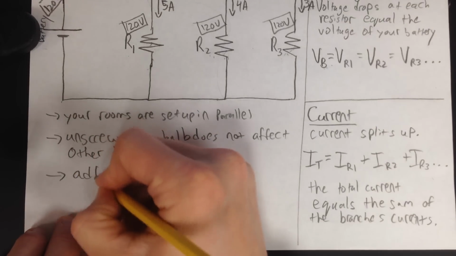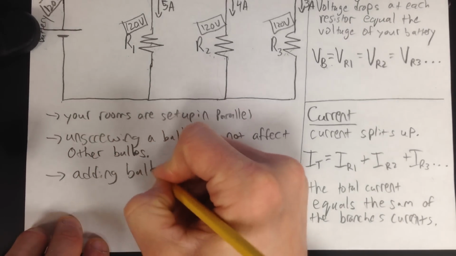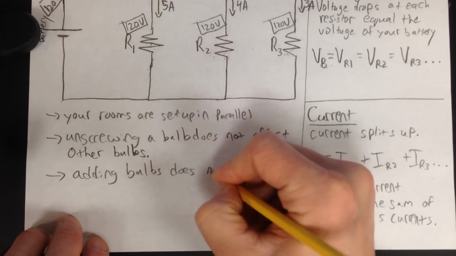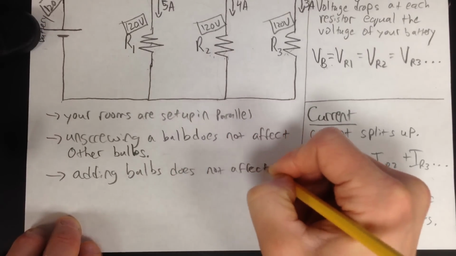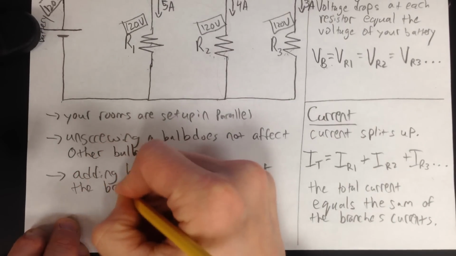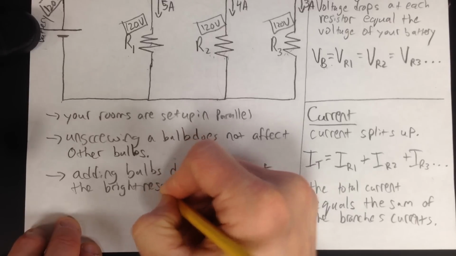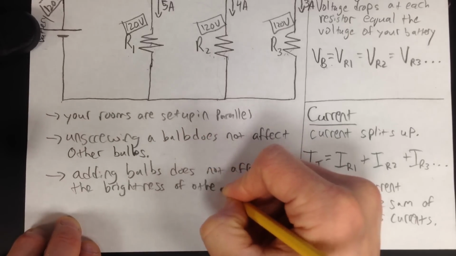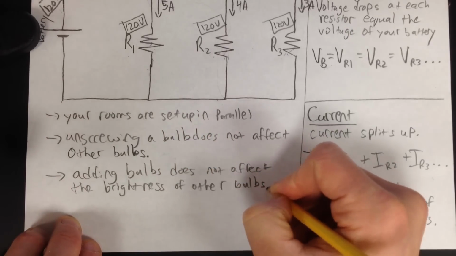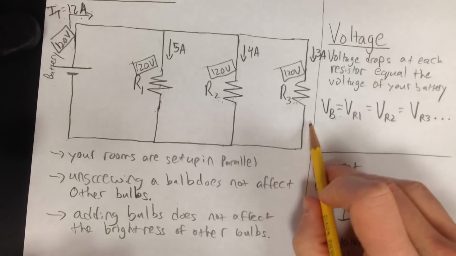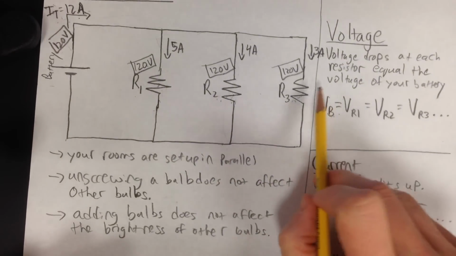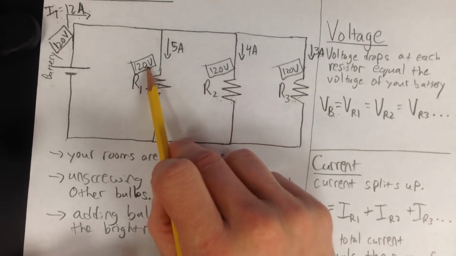And adding bulbs does not affect the brightness of other bulbs. Why? Because if I add another fourth resistor here, it's still going to be 120 volts dropped at all of these.